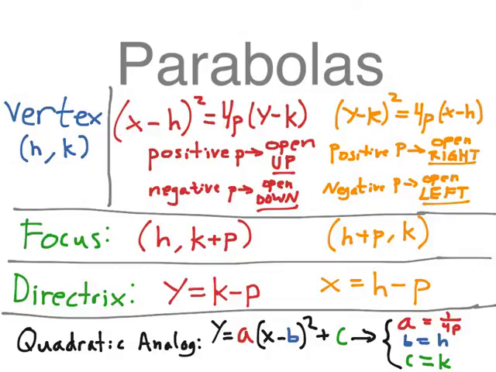Well, if you compare this to the equation for parabolas opening up or down, you end up getting that a is equal to 1 over 4p, b is equal to h, and c is equal to k. So any problem you ever encounter regarding parabolas can be solved using these equations.